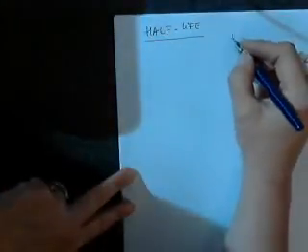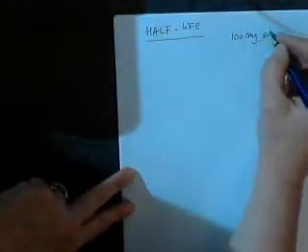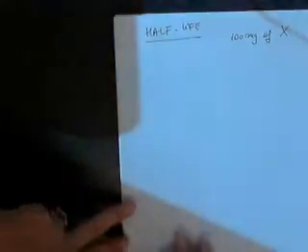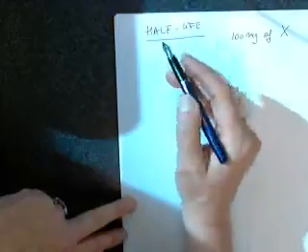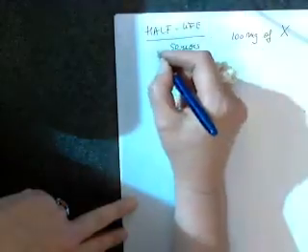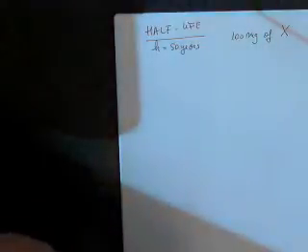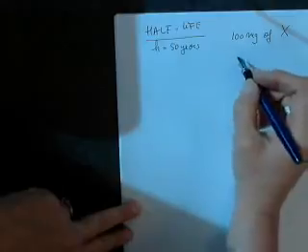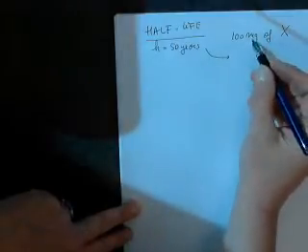Assuming we have 100 milligrams of a radioactive substance, let's say X, and let's suppose that the half-life is 50 years. We normally denote it by H.